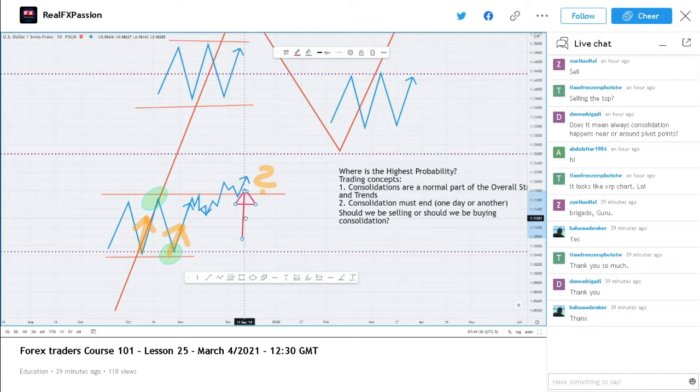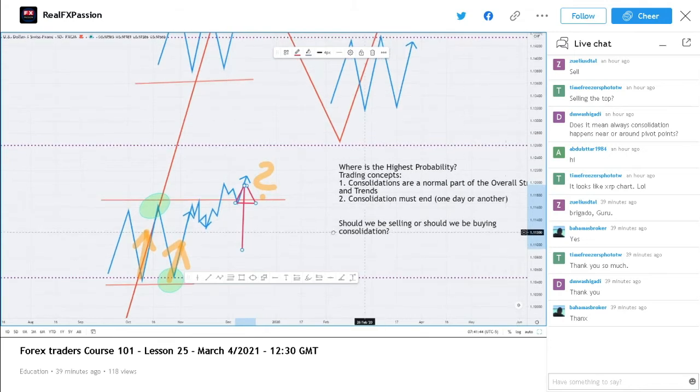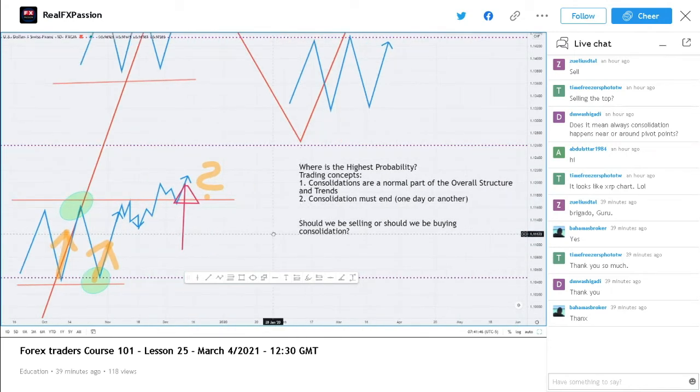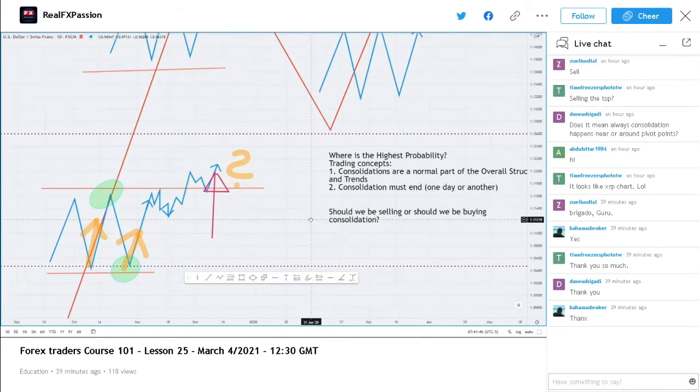Now wait for the retracement to see the proper direction. Well, here is the retracement and the market is still going up. It's a tricky question, really, for the beginner trader. The market broke through and it's moving up.